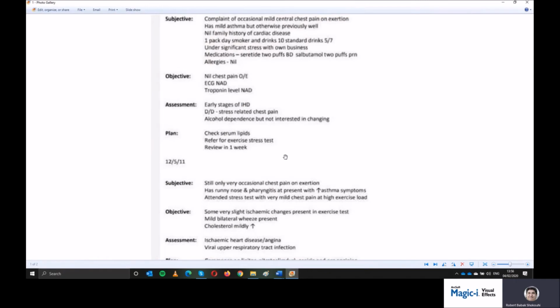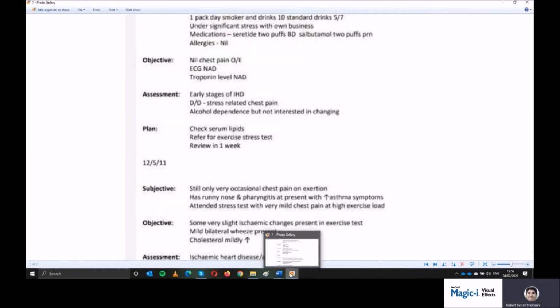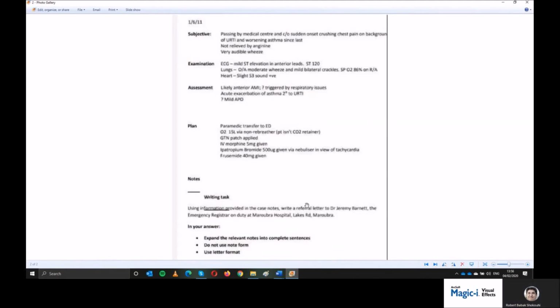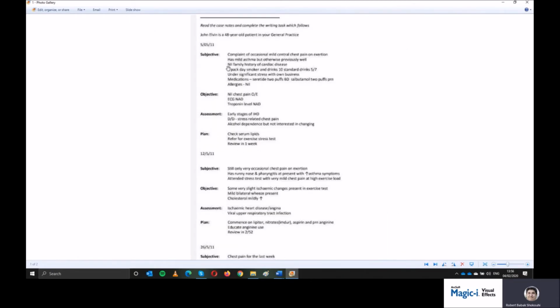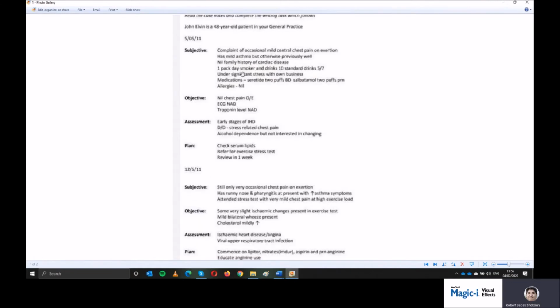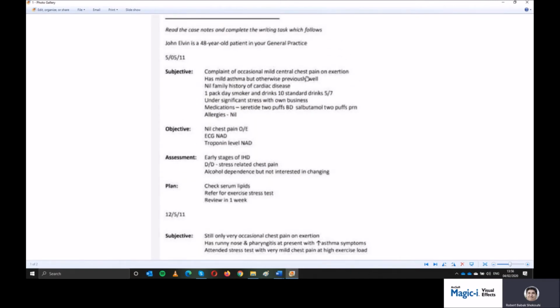So what is the date today? I think that the 1st of June 2011. And this is the 5th of May. So I've seen him on the 5th of May, but what was that for? Central chest pain.